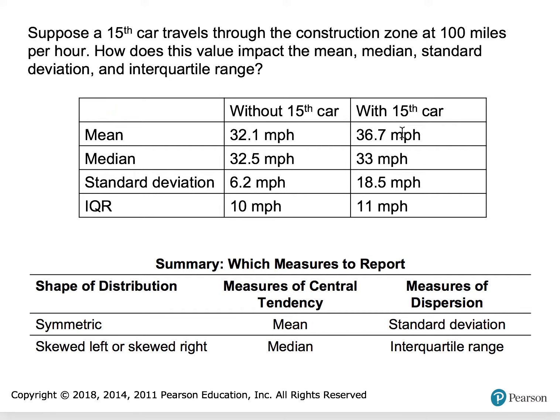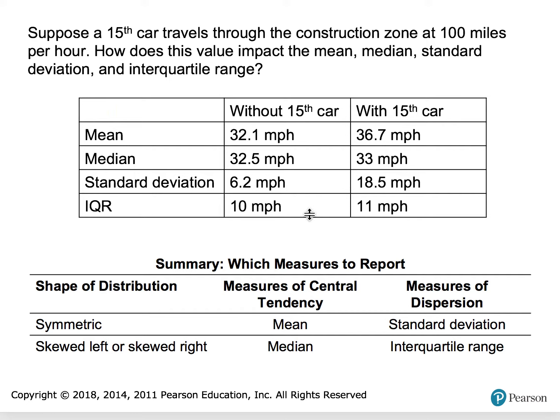But if we added one more value, look how much the mean changes, which we talked about. It would pull it in that direction. The median doesn't really change, 32.5 to 33. The standard deviation also, wow, really changes. IQR, not so much, 10, 11.